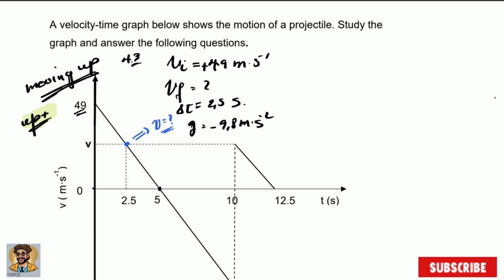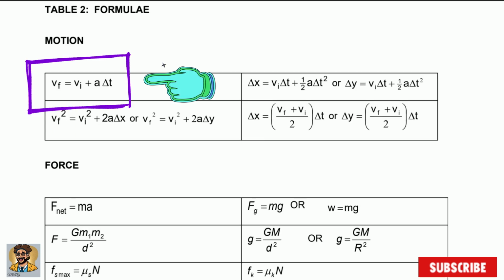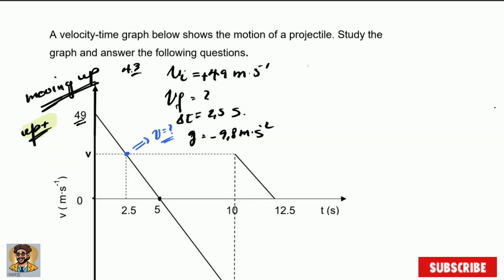So what formula can we use here? It's very simple, and we have all the data given to us. Final velocity is equal to initial velocity plus acceleration multiplied by time. Guys, everything is given, nothing is complicated here.